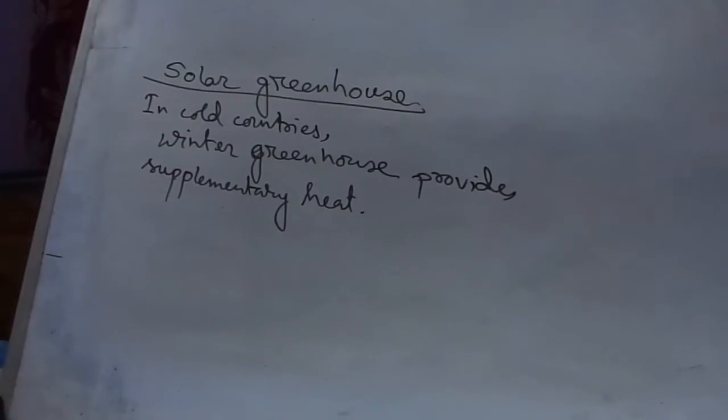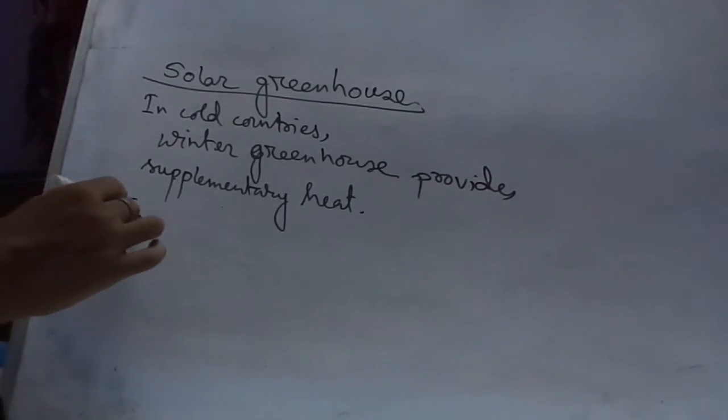In tropical countries, solar insolation and ambient temperature are quite high, and therefore summer greenhouses are used to maintain low temperature.